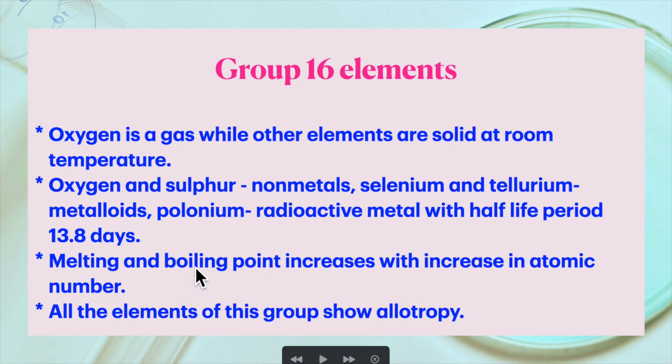Remember, melting point and boiling point depend upon the force of attraction between the two atoms, which depends upon the van der Waals forces. As the atomic size increases, there will be an increase in the force of attraction, and so as atomic number increases, melting and boiling points are increasing.